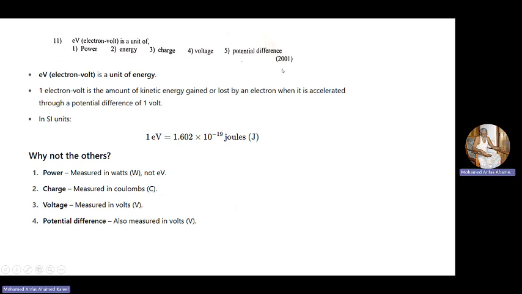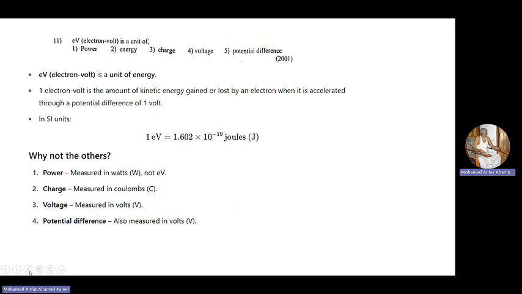Okay, what they are asking: electron volt, eV. Electron volt is a unit of power, energy, charge, voltage, or potential difference. Those are the options. So we have to know what is electron volt. 1 electron volt is the amount of kinetic energy gained or lost by an electron when it is accelerated through a potential difference of 1 volt.